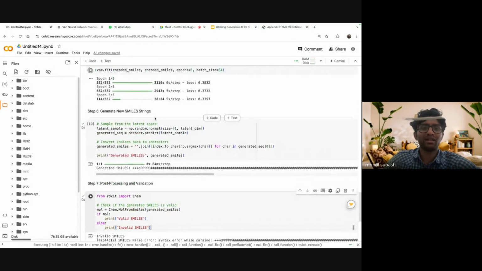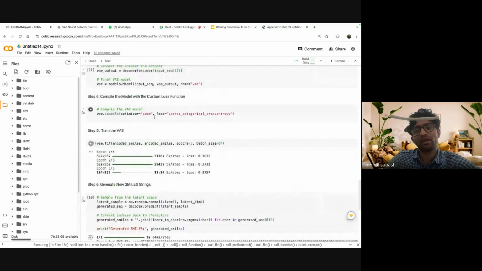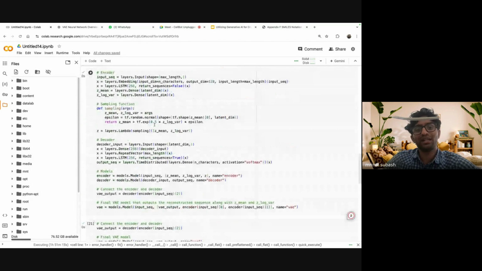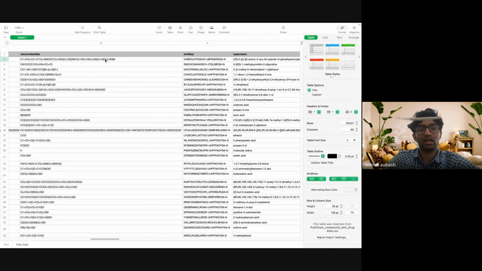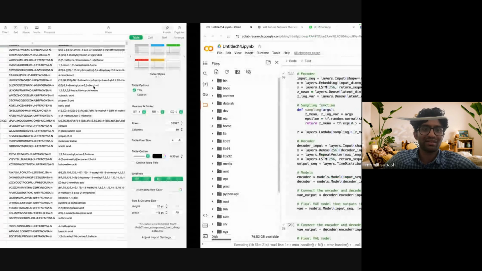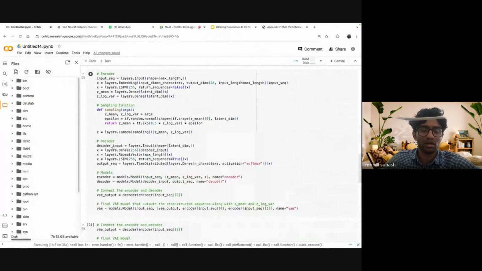I think this is very interesting because the utility is great. We are able to find the necessary chemical compound that can be used for repurposing a certain drug. So that is what this code is about.